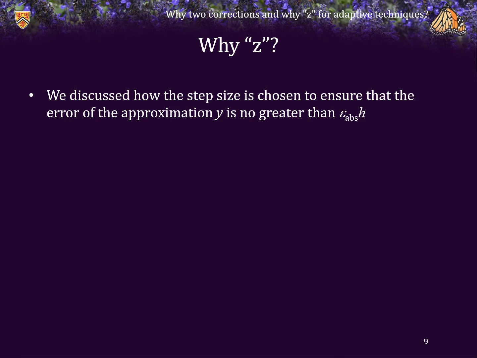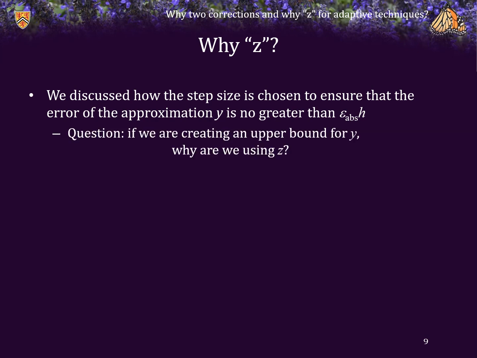So the step size was chosen to ensure that the error of the approximation of y is no greater than epsilon abs times the step size. Question: if we are creating an upper bound for the error of y, why are we using z as the approximation for the next value?